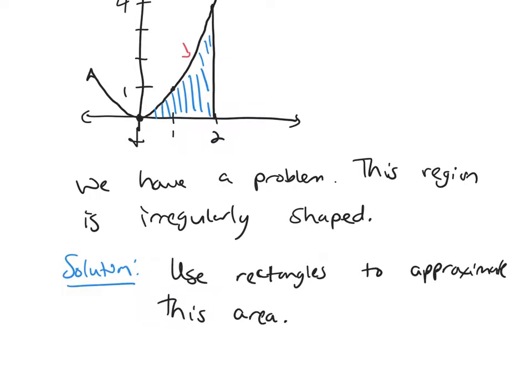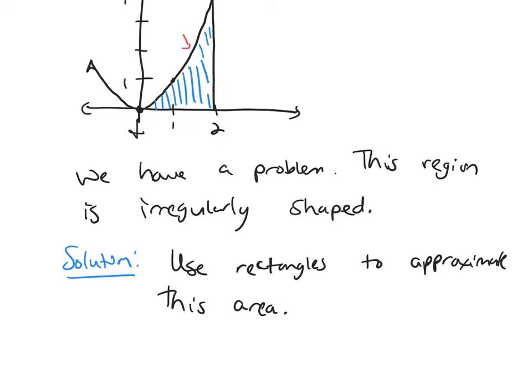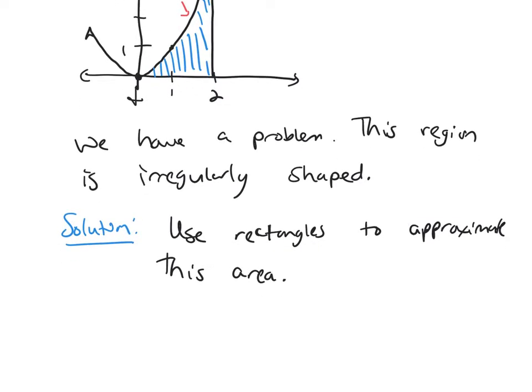So we're going to take something that's irregularly shaped and approximate it with nice shaped objects, which are rectangles. Rectangles are very nice. We know how to compute the area of a rectangle, so it's going to help us out a whole lot. It's not going to give us the exact area, but it's going to give us an approximation for the area.